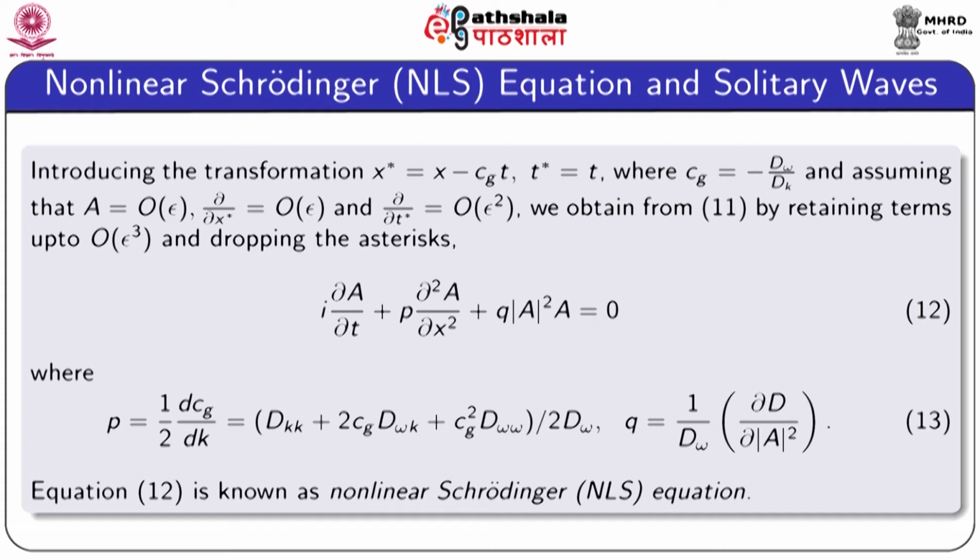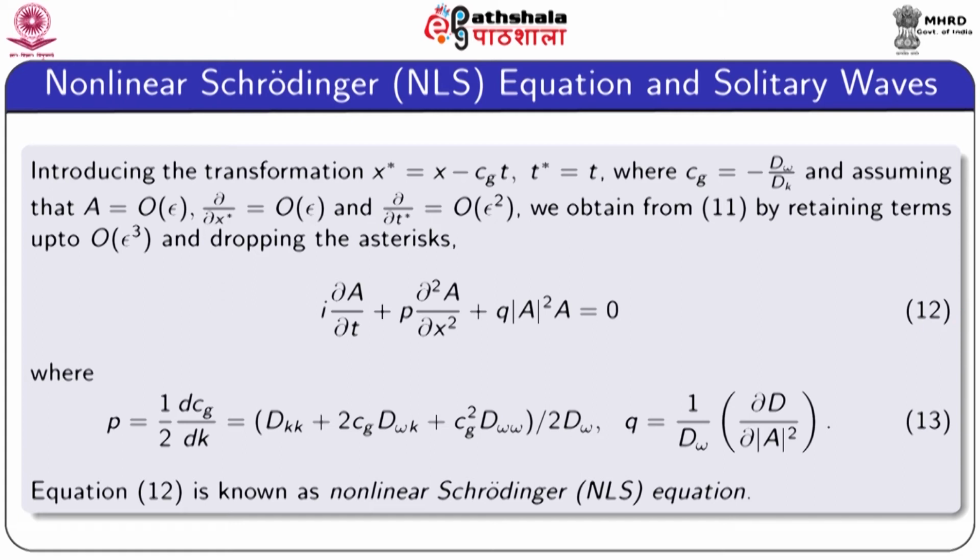Thus, retaining the terms up to order epsilon square, we get from equation 11 the relation i del A del t plus P del 2A del x square plus Q mod A square A equals 0, where the parameters P and Q are defined as given in equation 13. Equation 12 is known as the nonlinear Schrodinger's equation.